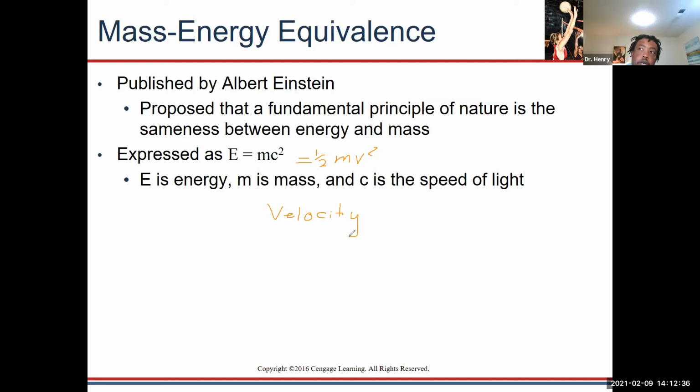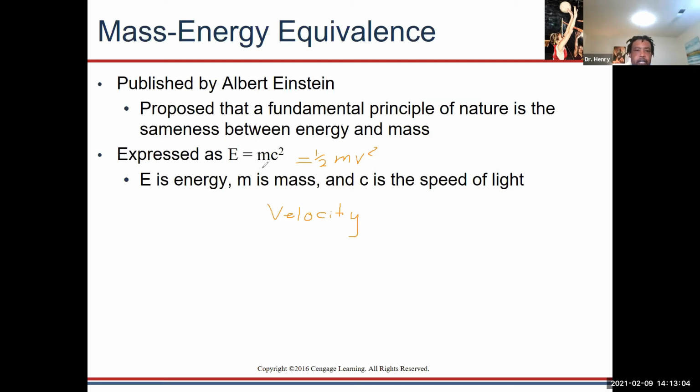Einstein basically came up with what's called the theory of relativity, so basically E equals mc squared. If we boil it down, all he's saying is that energy is going to be equal to the mass times how fast you throw it.